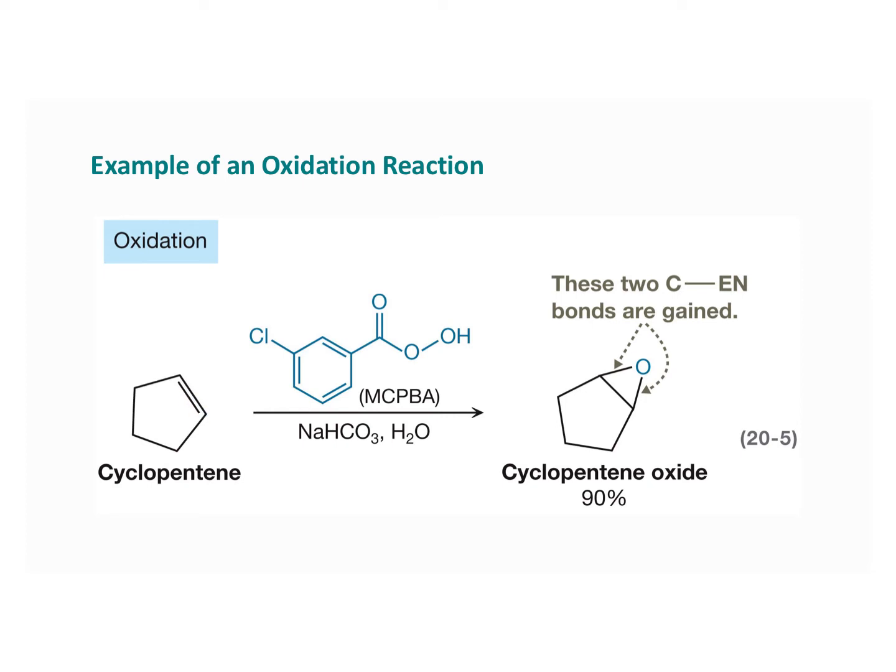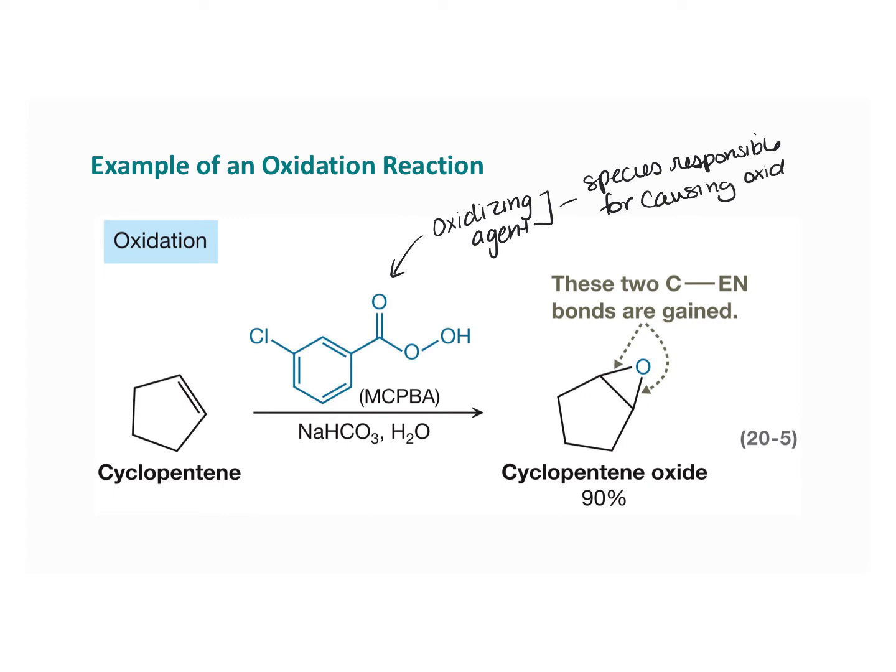Now, as I mentioned before, just as the reducing agent can be viewed as the species responsible for causing reduction, now we have an oxidizing agent, and this is viewed as the species responsible for causing oxidation. And it is the species that is reduced, because you can't have one without the other.